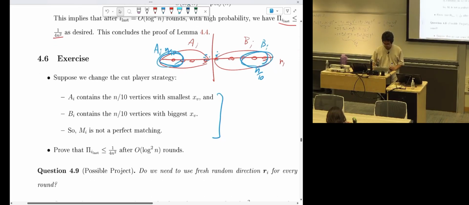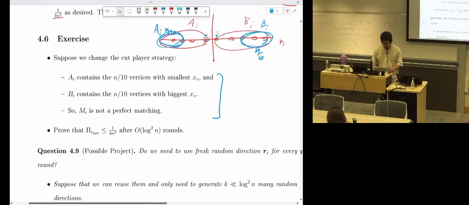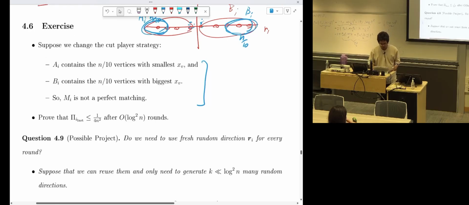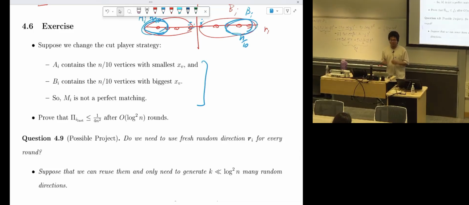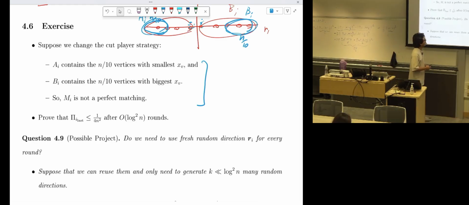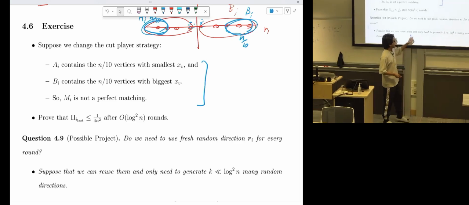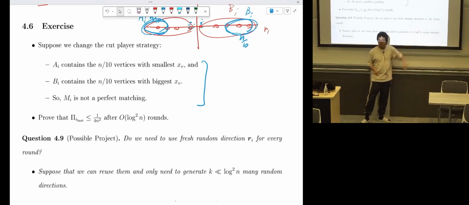Okay. By the way, there is one possible project that I want to mention. There will be a bunch of possible projects related to the cut matching game and its application. So I'm going to list the concrete things now. First, do we need a fresh random direction R_i in every round?